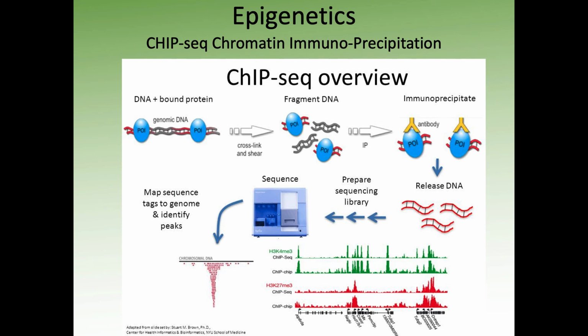How do we assess these types of processes? Well, the classic way to look at something like histone modifications is ChIP-seq, where ChIP stands for chromatin immunoprecipitation sequencing. It's similar to the MNase example, except that you cross-link your DNA with the proteins bound to it, and then you chop everything up, and then you do your immunoprecipitation component.